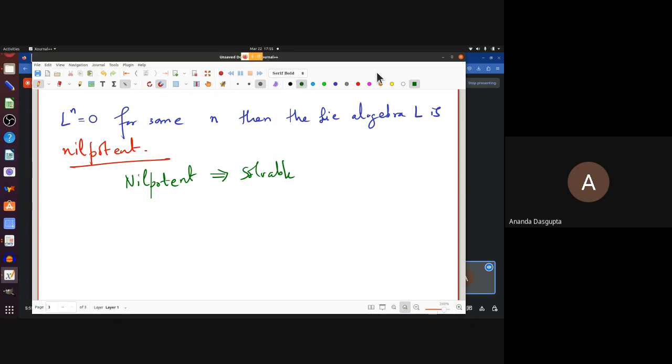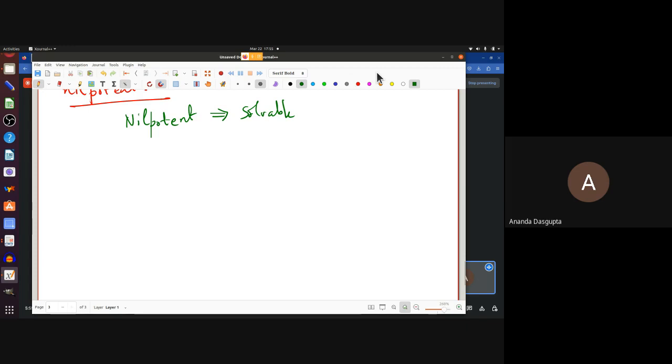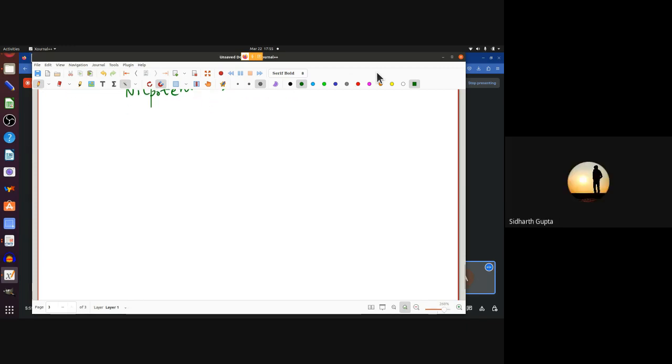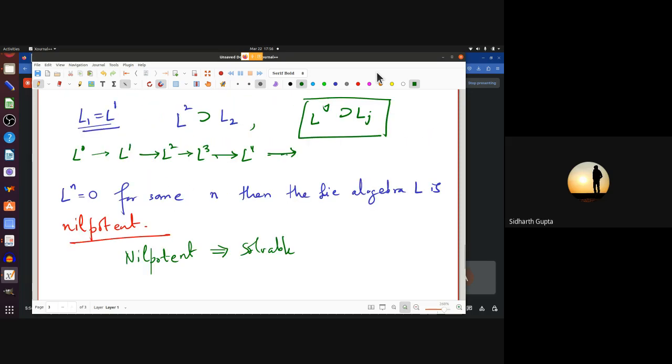Having said that, now let's come to the more important classification. Sir, what about the ones that are solvable and are not nilpotent?